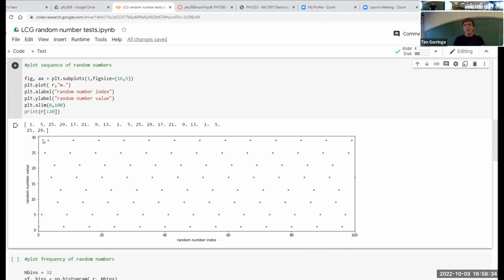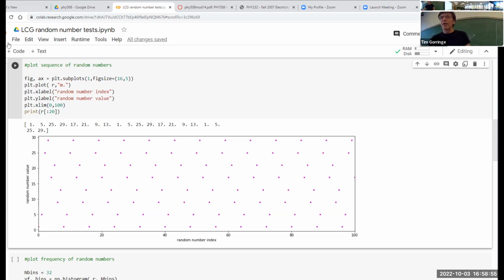So this one also has a fairly short period compared to the period that I would hope, which would correspond to the M value. But it was better than the last choice. But this one also has another flaw that wasn't really apparent in the last choice.